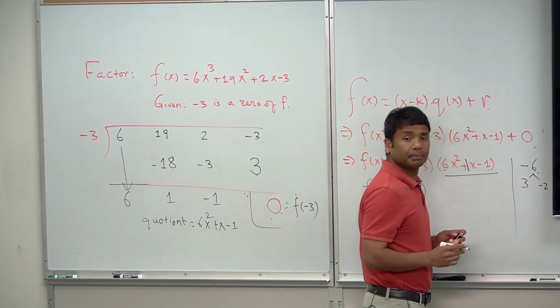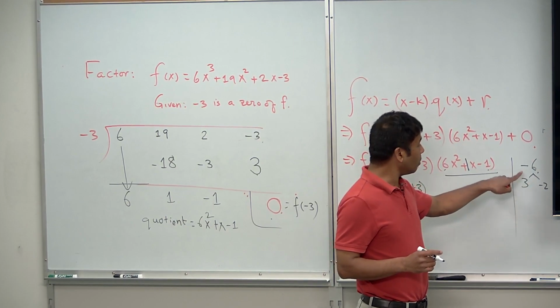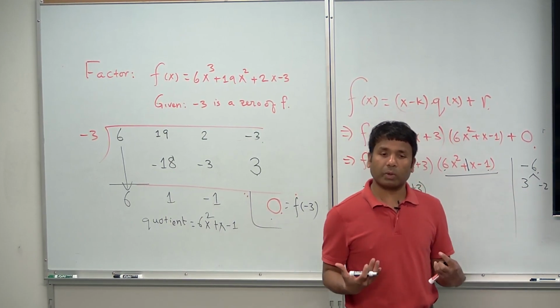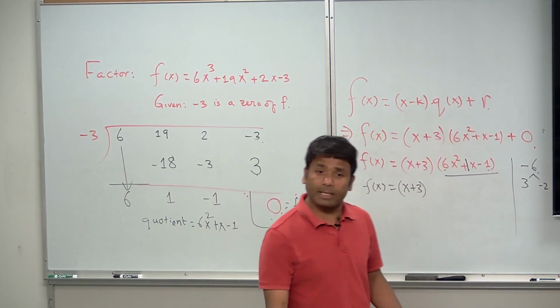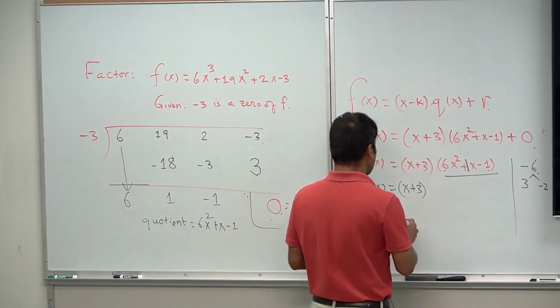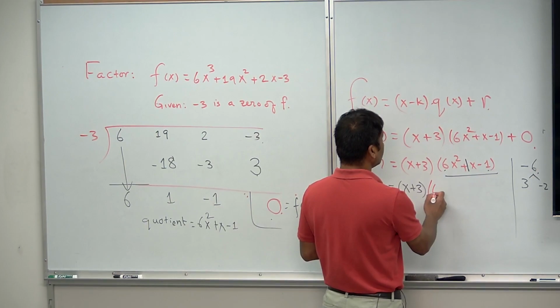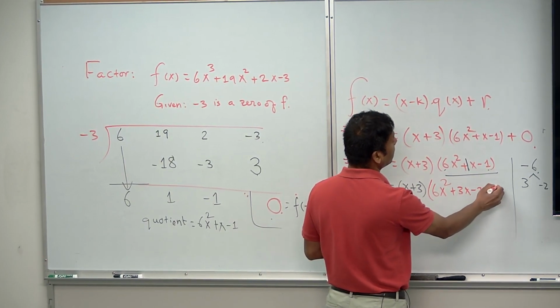When you multiply 3 times negative 2, that gives negative 6, and when you add them, 3 plus negative 2 gives 1. So you can rewrite this as 6x squared plus 3x minus 2x minus 1.